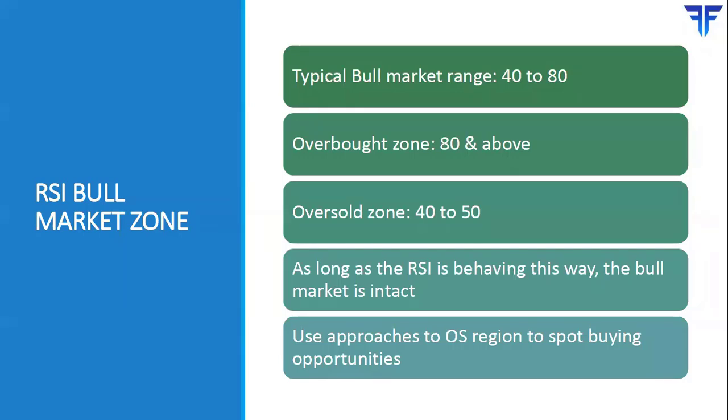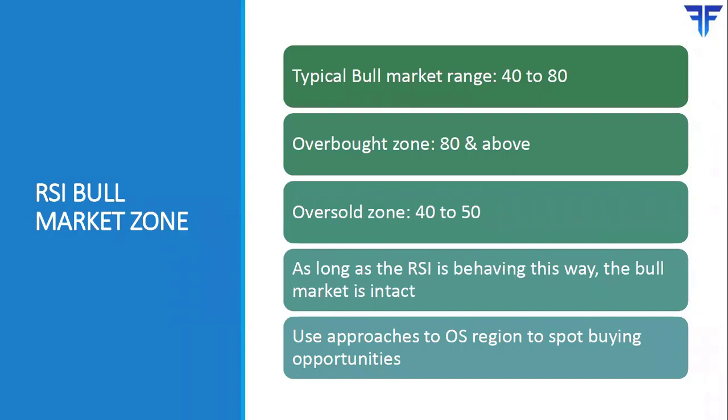Typically, in a bull market, you will see that the RSI fluctuates between 40 to 80. In a normal sideways market, the typical range for RSI is 30 to 70. But in a bull market, the range of RSI will typically shift upwards to between 40 and 80. That is, the RSI will get overbought when it touches 80 and beyond, while it will get oversold whenever it approaches a range of 40 to 50.